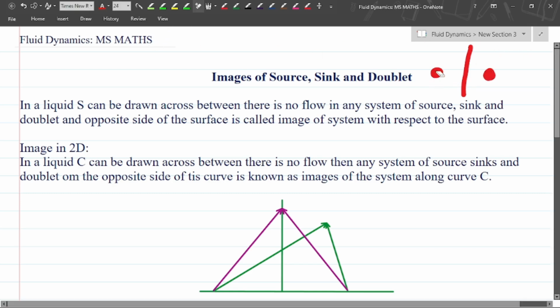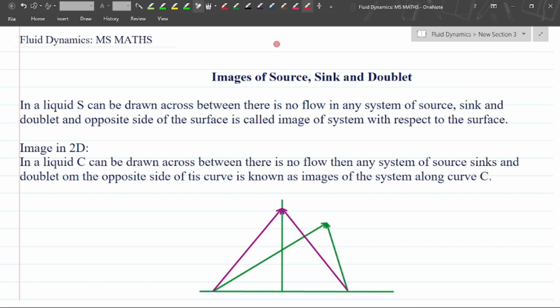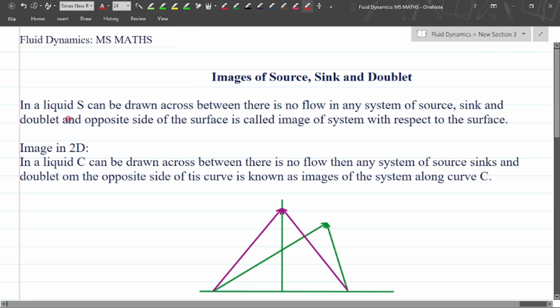So the definition is basically: in a liquid, a surface can be drawn across which there is no flow, and any system of source, sink and doublet on the opposite side of the surface is called the image of the system with respect to the surface. Then that surface is basically the streamline in this case.